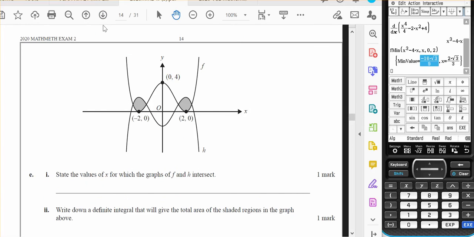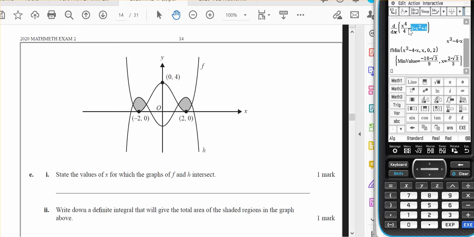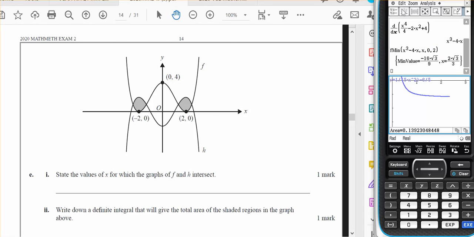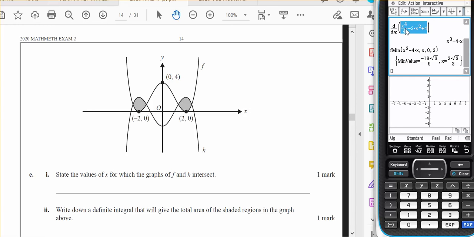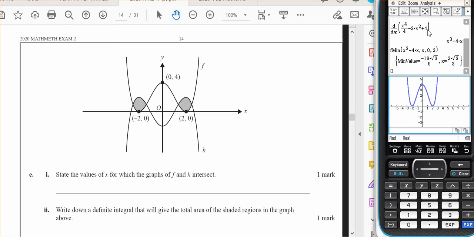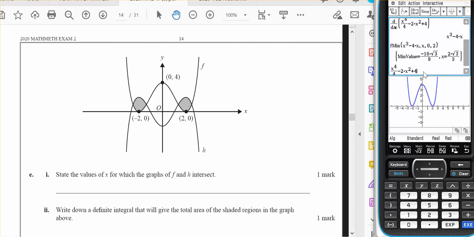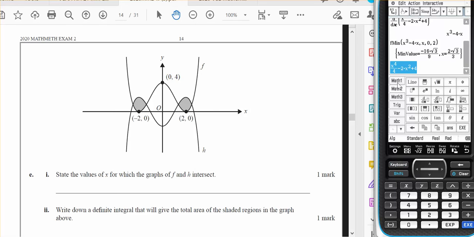State the values of x for which the graphs of f and h intersect. Okay, so I've got this curve, which is beautiful, and then I've got that curve where I put a bracket around it, make it negative, and then plus 2.